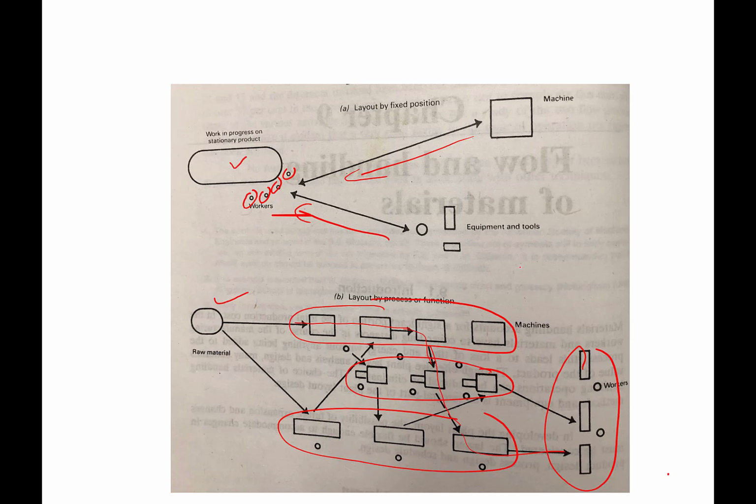So many times if the volume increases and we still find that ineffective time is large, then maybe we can shift from process to the product layout, and it's not that difficult, it is just rearrangement of the machines. So as the volume increases, certainly it would be appropriate to change the layout from process to the product type.